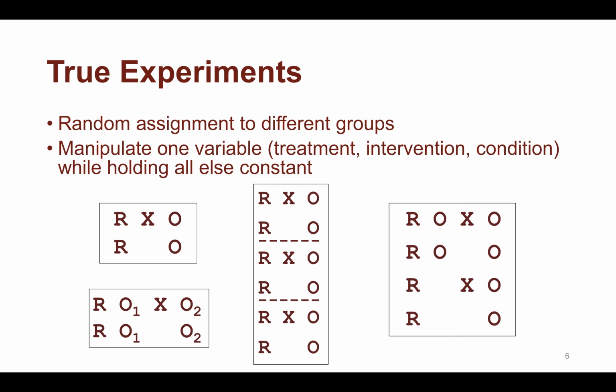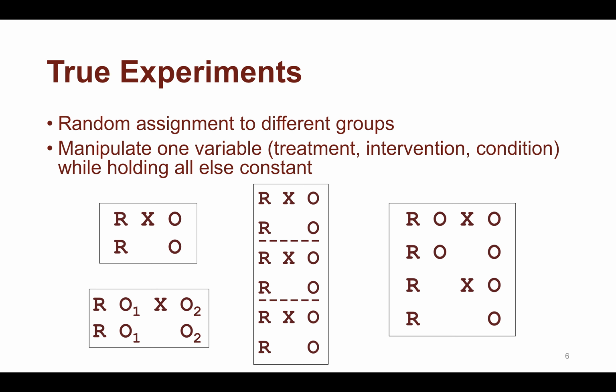Why would you want to set up a study like this? Well, this is a specific type of true experiment called a Solomon 4-group design. You can Google that for more information if you'd like. But the reason that you would design a study like that is to basically test whether there's any effect of your pre-test.